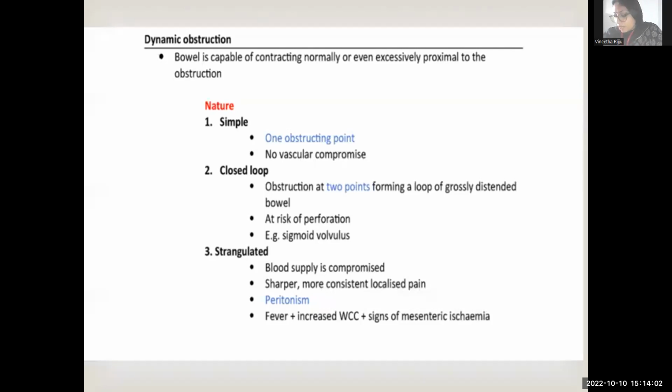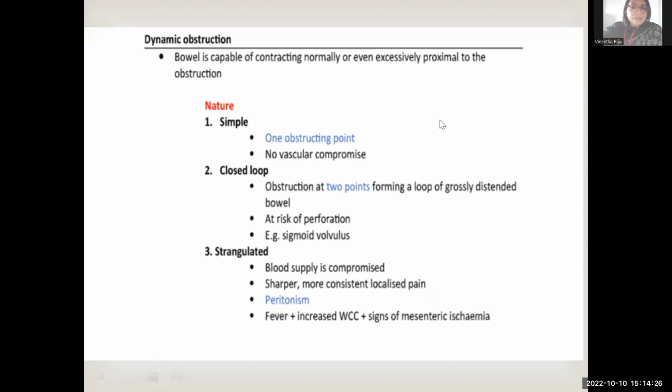All right. So what can cause this mechanical obstruction? So what do you think are the different reasons what can obstruct the lumen of an intestine? What can block the opening of the intestine? Yes, chat box? What all can be the reasons?